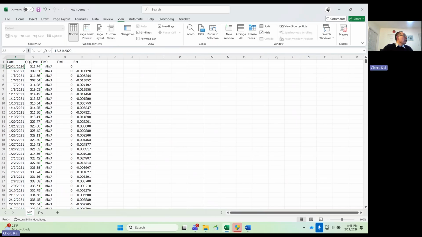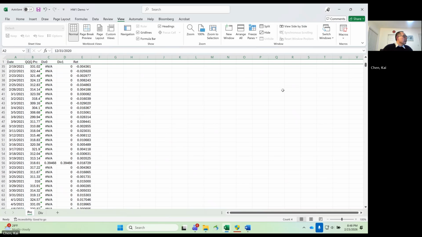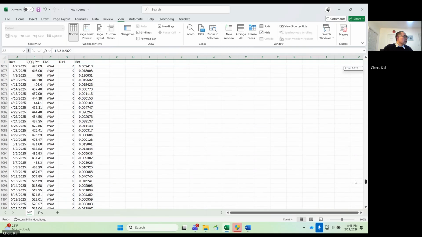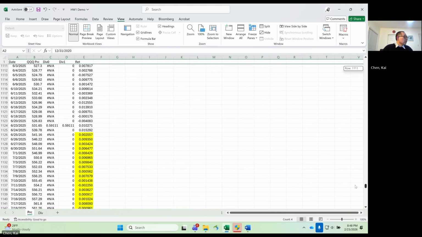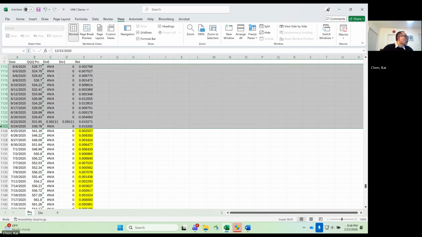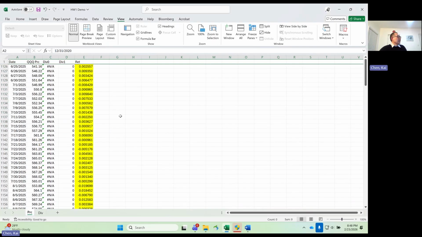Because we don't need this data, I'm going to hide it. I'm going to hide this area because I don't need it in this homework.